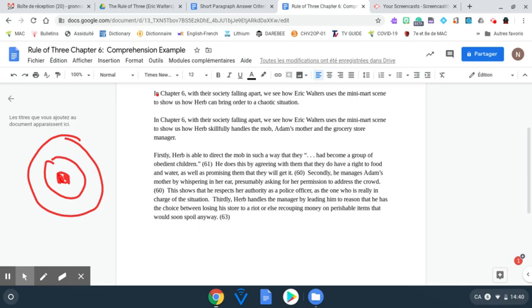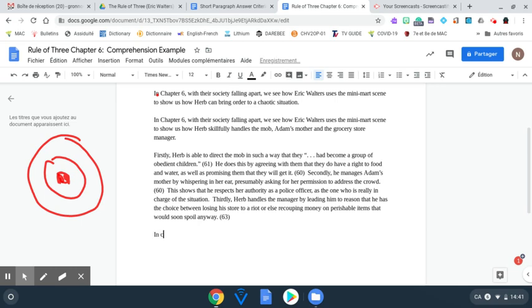So one can then start to think, this is surely not the last bit of chaos that we're seeing, nor is it the last of Herb. So I wonder how the skills that he shows here are going to play out later in the book. And so that would then be my concluding sentence, that I'm really wondering about what the skill set is going to provide the community as things continue to degenerate in the society.